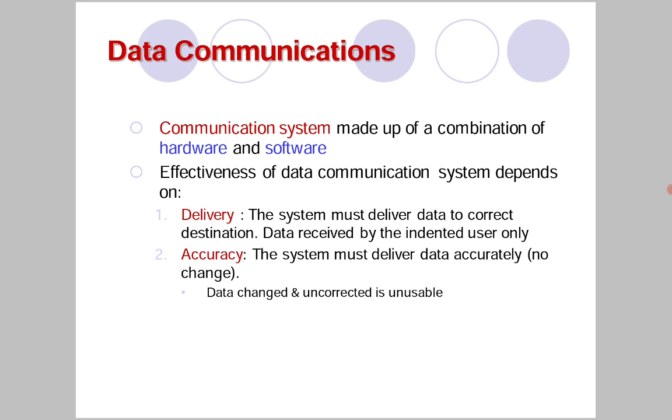Second one is accuracy. Accuracy means the system must deliver data accurately, with no changes. That means correctly, without any changes, without any delay, without any disturbances, without any noise, and without any loss of data.